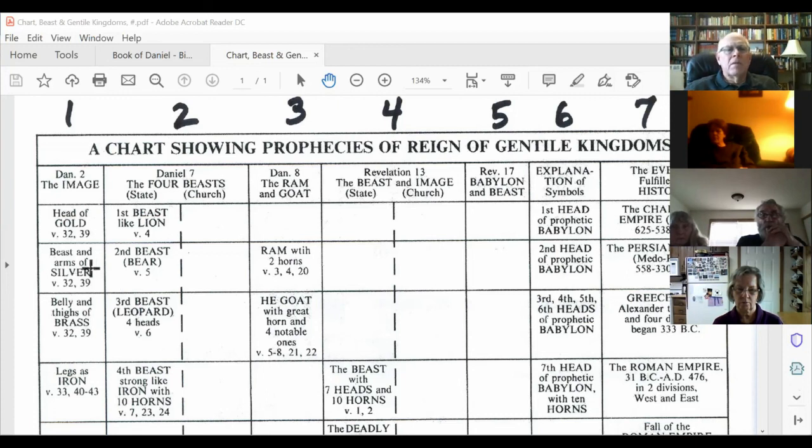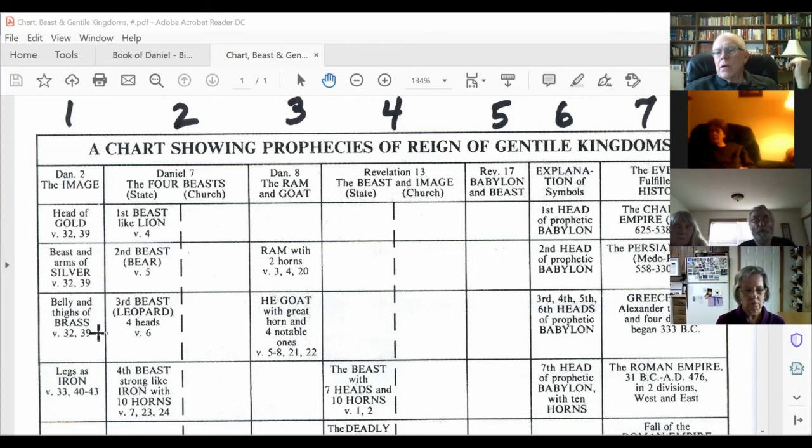Next column, Daniel 2, that's a typo, the breast and arms of silver. It is the same as the second beast that was like a bear. I won't pause there at chapter 8, but this is the second head of Babylon, the Medo-Persian Empire.